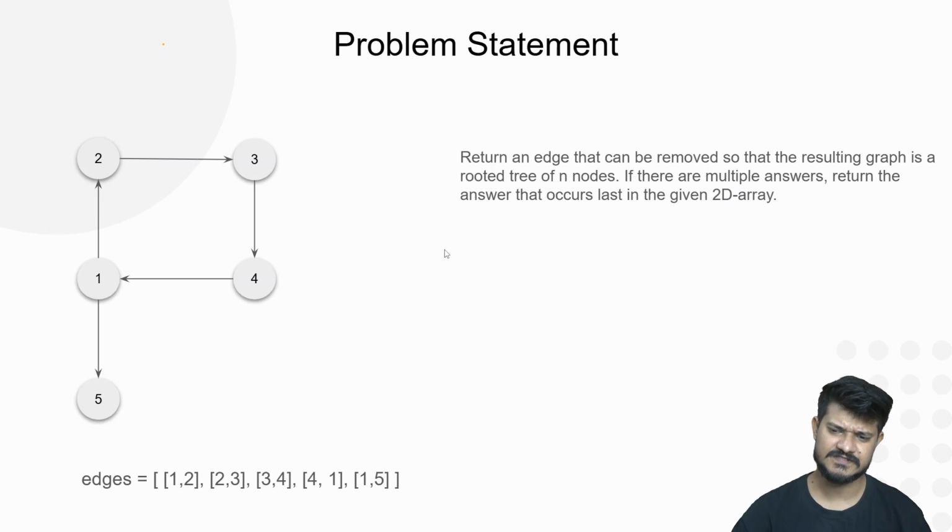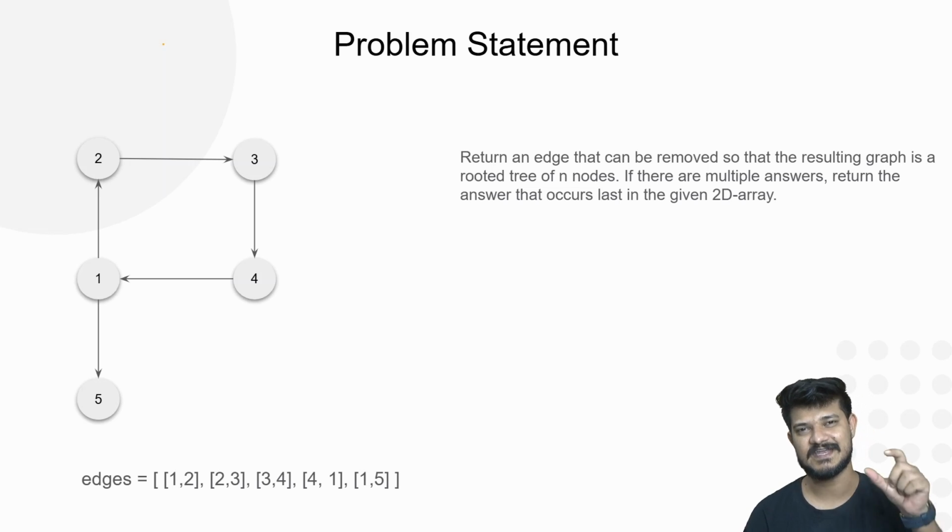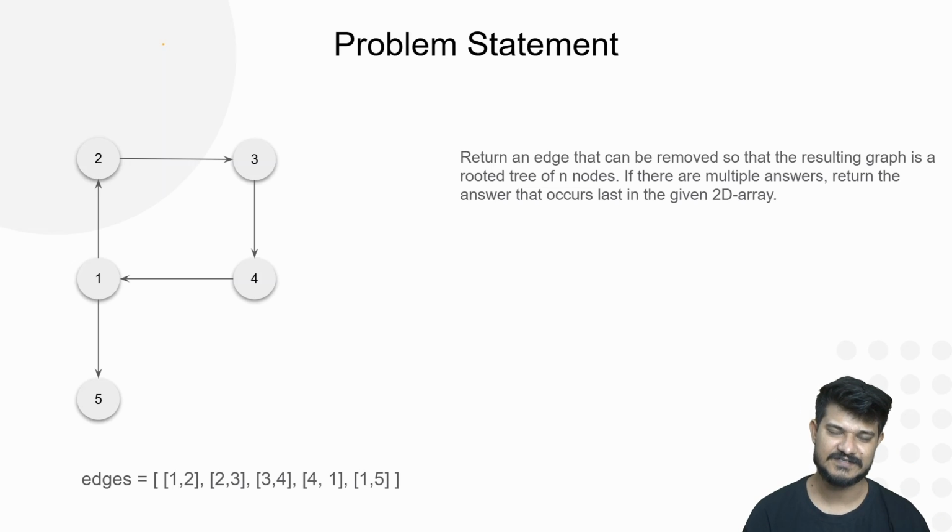So the problem statement is simple. You are given n nodes, and of course, it's a tree, right? It's stated in the problem statement. This is a tree, and you are given n nodes with n edges. Now, since it was a tree and you have added an extra edge into that tree, that's why it has exactly n edges, right? So we have n nodes and n edges, right?